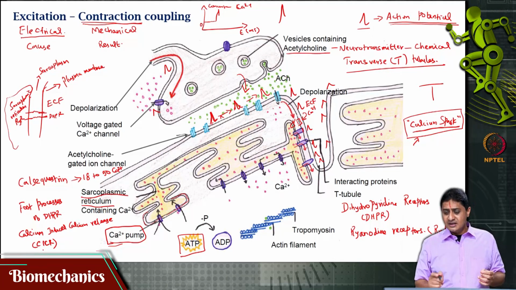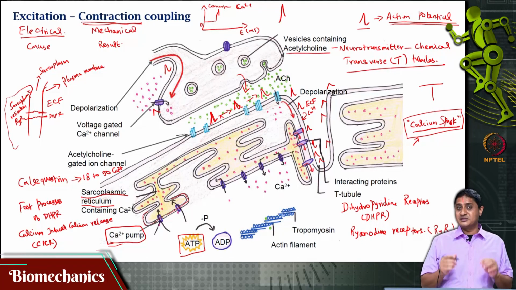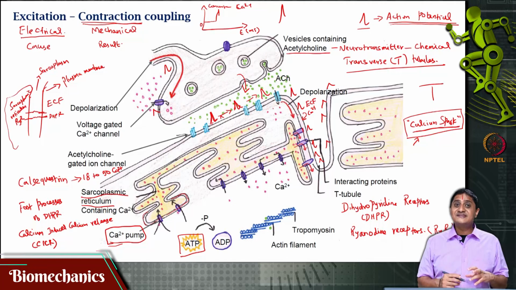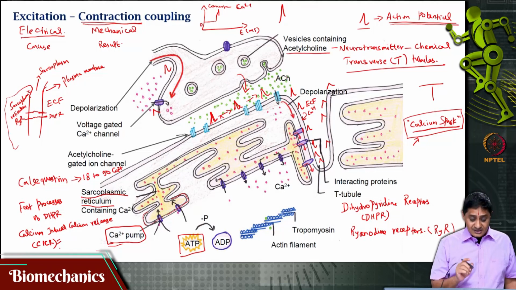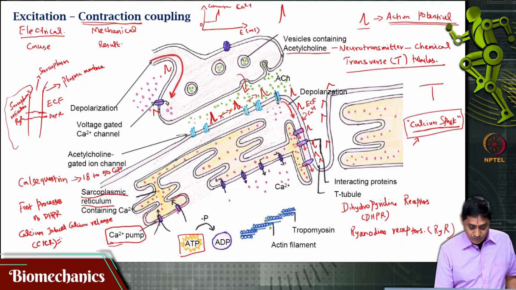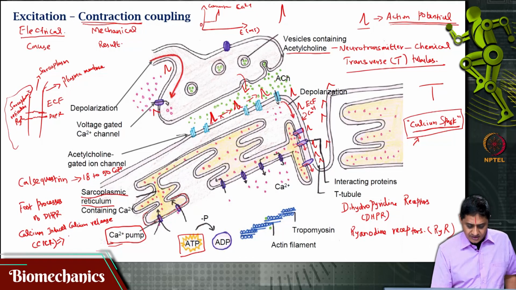In particular, the first method that I described, which is the DHP receptor ryanodine receptor interaction, is how the skeletal muscles lead to calcium spark. But then where does this happen? The calcium induced calcium release is known to happen as a predominant factor in the cardiac muscle.